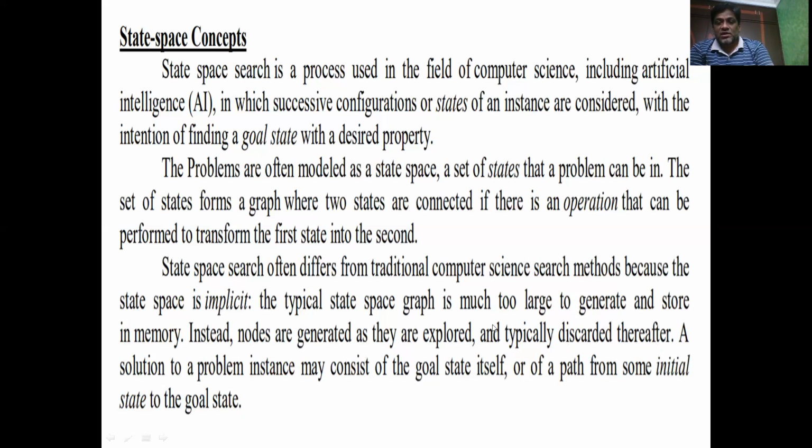That means we can reduce the memory requirements by discarding the unnecessary nodes that are part of the state space graph. We identify the unnecessary nodes by looking at whether that node can lead to the goal state or not. If it is not leading to the goal state, we immediately discard it. So from the space graph, only the nodes leading towards a goal state will be explored further. In that way, we can minimize the memory requirements also.